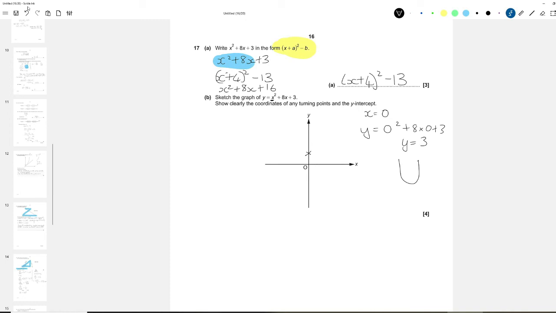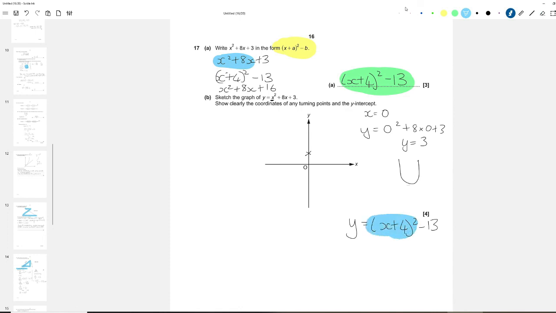We need to use completing the square. So when I write y equals x squared plus 8x plus 3, I can write it like this, in the format above. So I can write it like y equals (x plus 4) squared minus 13. Now I need to find the smallest value that y could take.